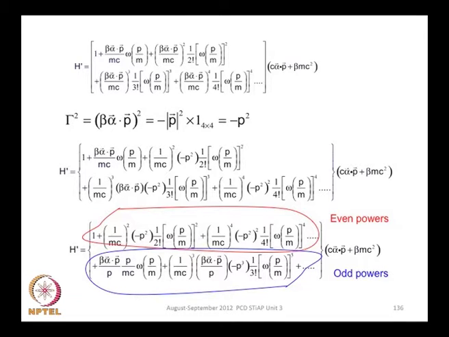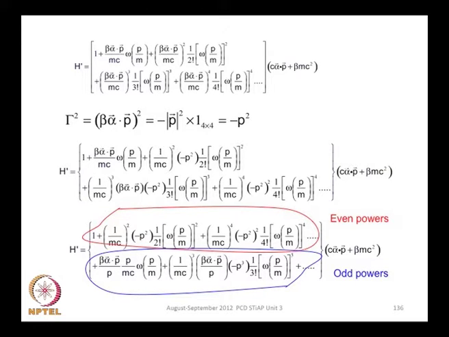But notice that in all the odd powers, you get powers of p and then p square and p to the 4 and so on. So, if you take one of those powers, factor it out, this beta alpha dot p by p, then you will get odd powers over here.